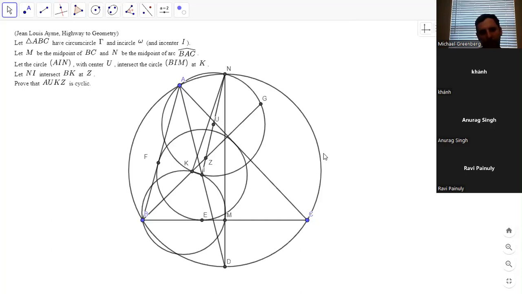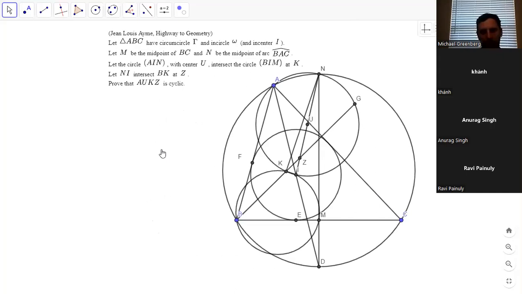Yeah. So we're using symmetry because once we know this is an isosceles trapezoid, it's really just an angle chase basically. Okay. So, all right, let's type this up.